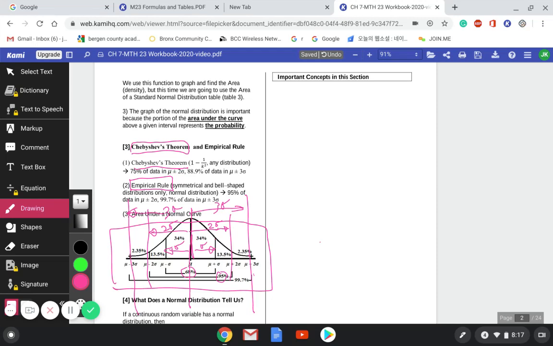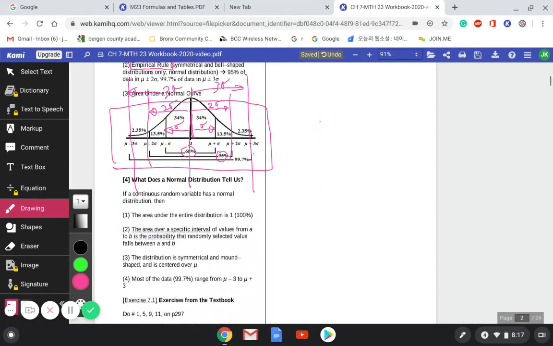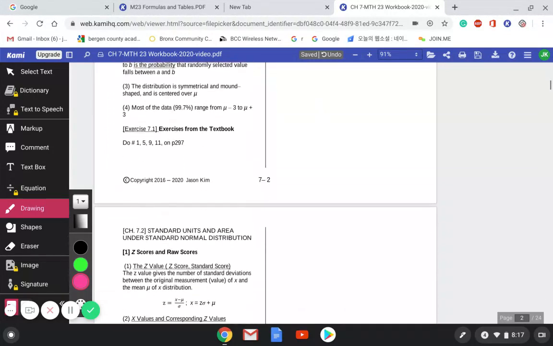So this kind of setup is a normal curve, normal distribution table.